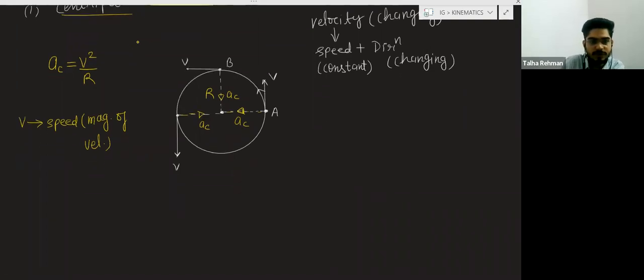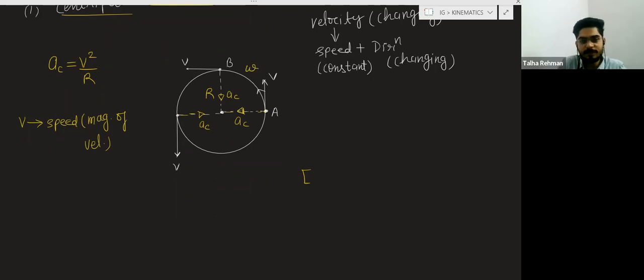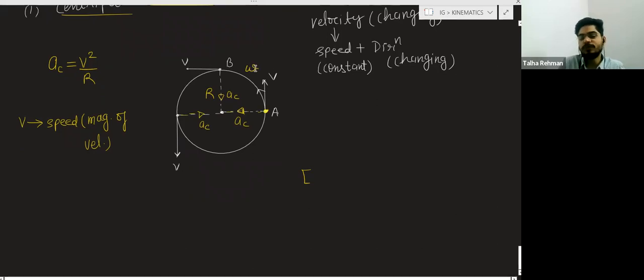We know that in a circle there is a relation between the linear velocity and angular velocity. Suppose there is a particle here at A, moving with constant angular velocity omega.